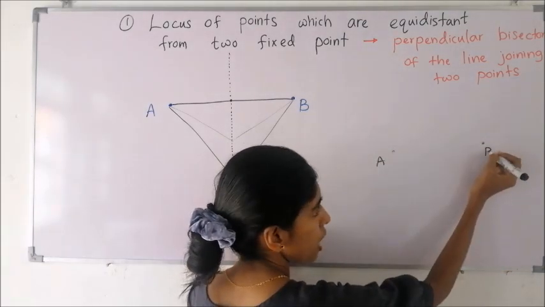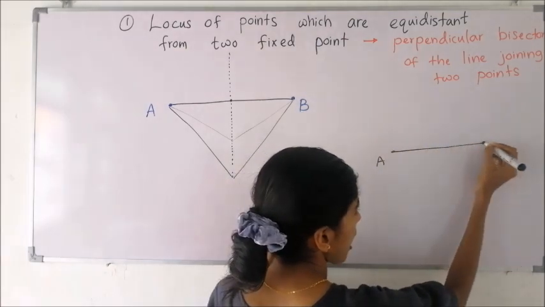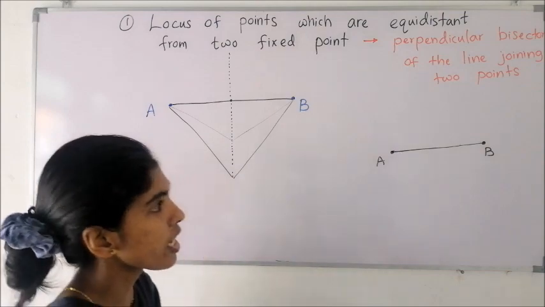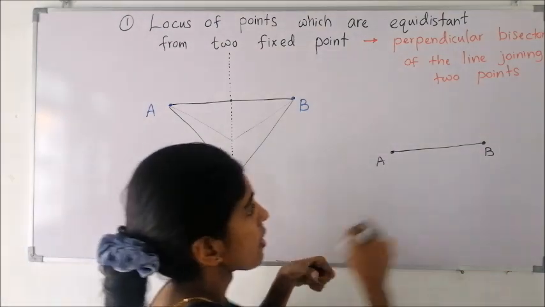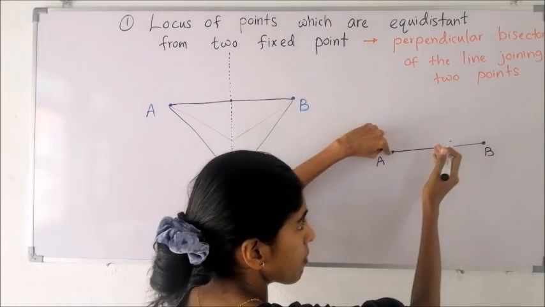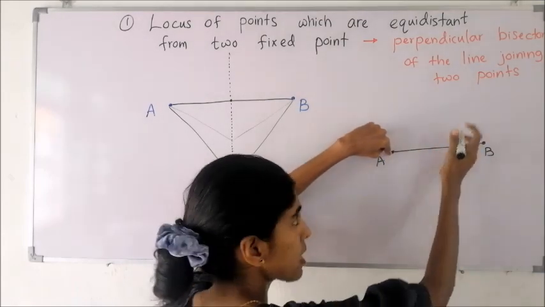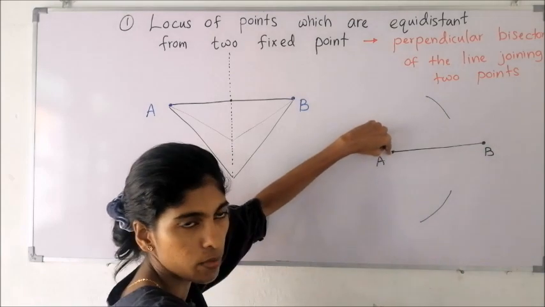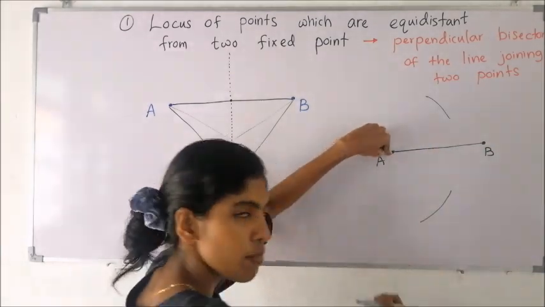If these two are the two points, firstly we join those two points. Then take your compass, keep the metal point here, open the compass more than half of the length, and draw one arc up, another arc down, or else the full arc can be drawn.